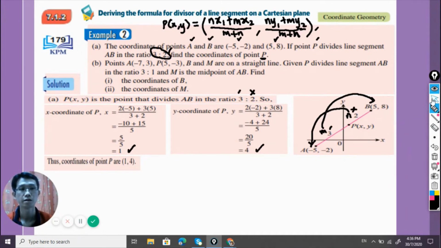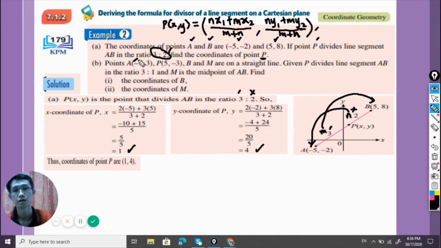So let us see another case, which is 2b. Point A is (-7, 3), P is (5, -3), and B and N are points on the straight line. Given P divides line segment AB in the ratio 3 to 1 and N is the midpoint. So basically there are three important pieces of information given here.